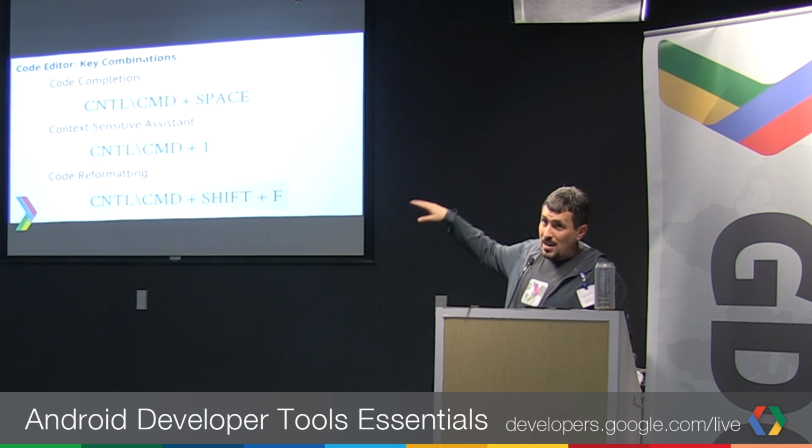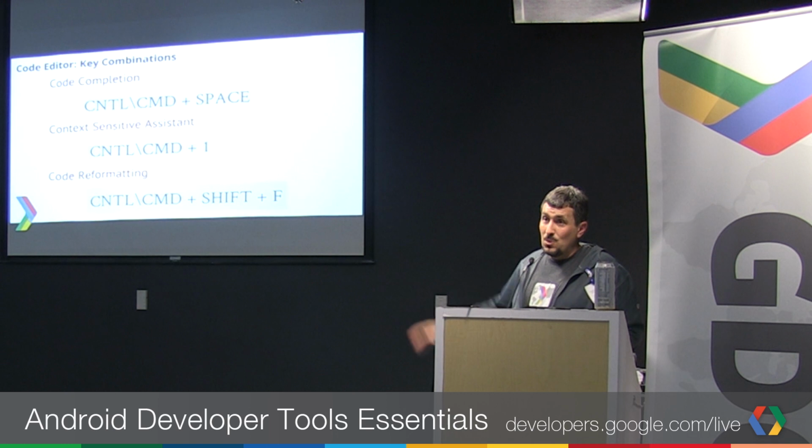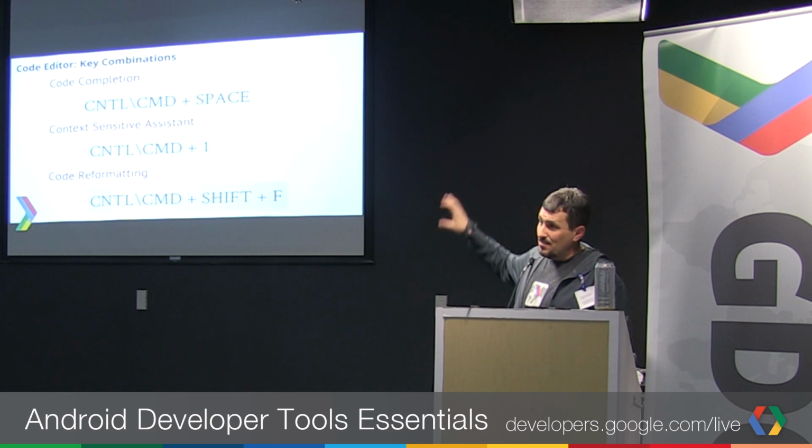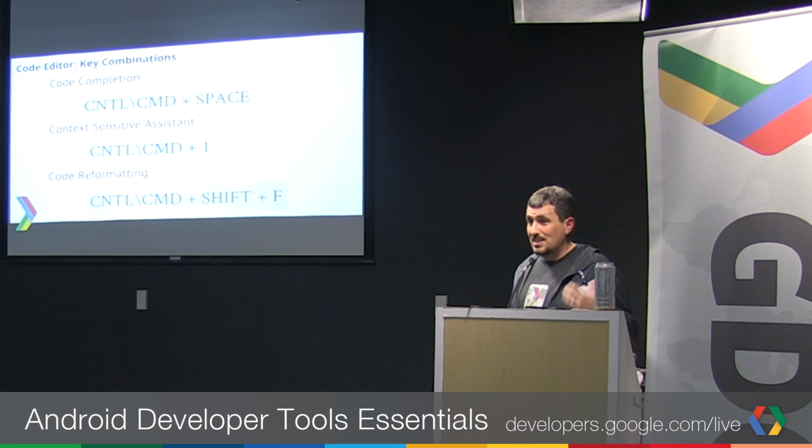I wanted to highlight six of the most important keystrokes I use in Eclipse, and these are ones that I use all the time. The first one you probably know about, and that's code completion, Control or Command-Space. This works in both Java and in XML. If you're trying to figure out what attributes you need in your XML file, was that wrap content or fill parent or match parent, I don't forget.